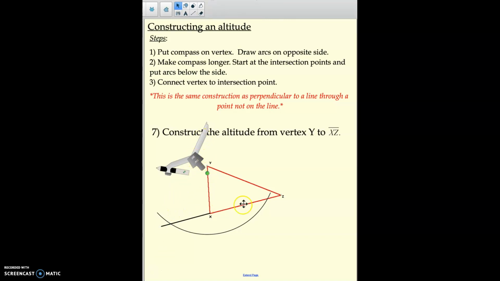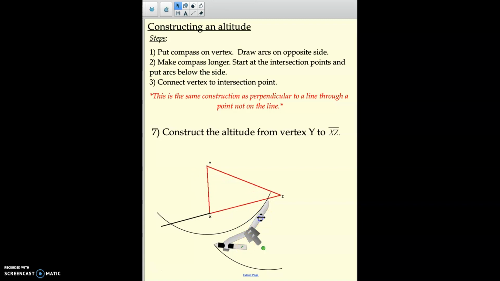Now we need to take that compass and slide it down. We're going to use this point first and then this point second as our fixed points. And again, we just need to extend the arm of this just a little bit longer. And again, I'm just going to draw an arc underneath. And then again, we're going to flip this over and use this as our fixed point.